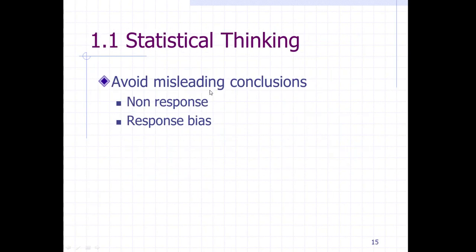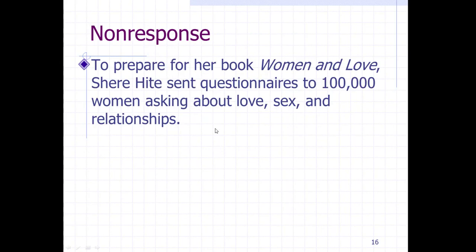We want to avoid misleading conclusions, and we want to talk about non-response and response bias with that. There was an author who wrote a book and she sent questionnaires in the mail to 100,000 women and asked about their relationships. 4.5% responded.